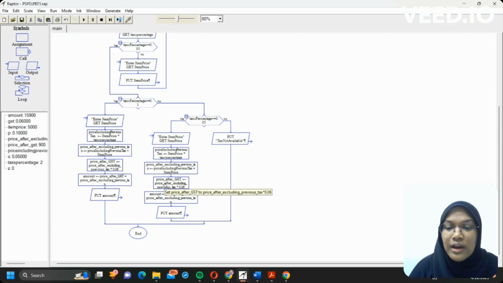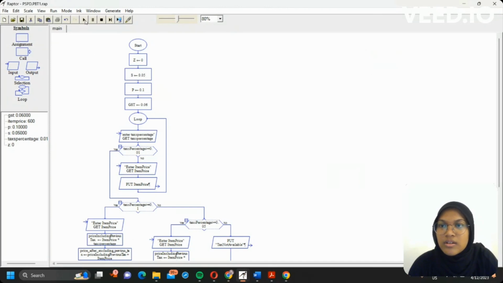Then go to price after GST, that is price after excluding previous tax multiplied by 0.06. The amount would be price after GST plus price after excluding previous tax, and output the amount. If the tax percentage was not greater or equal to 0.05, it will go to the no sign and output the tax is not available.